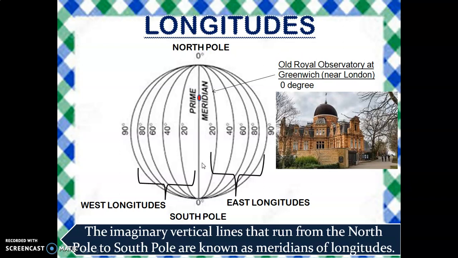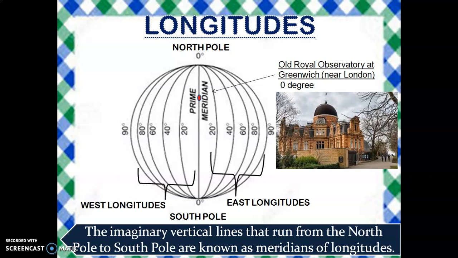And the longitude which passes through this observatory has been measured at 0 degrees and it is known as the prime meridian, or it is also known as the Greenwich meridian.